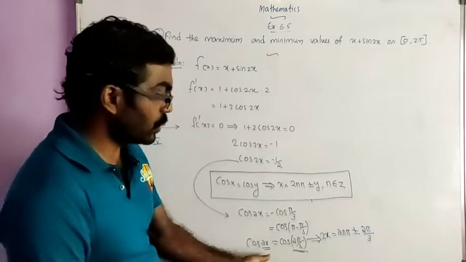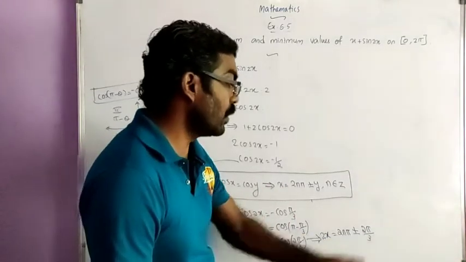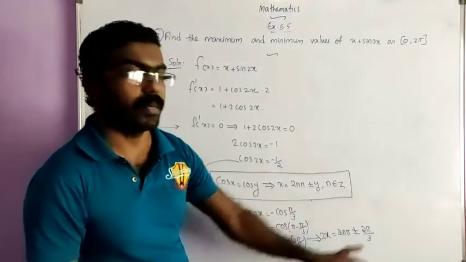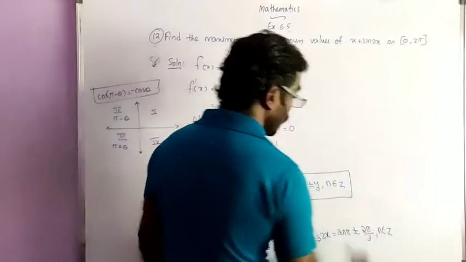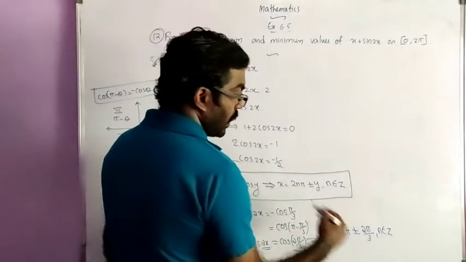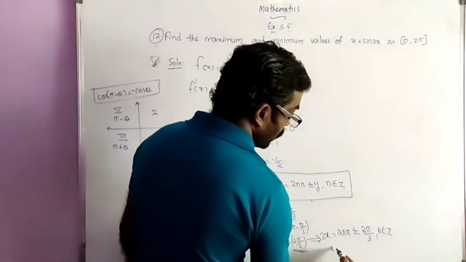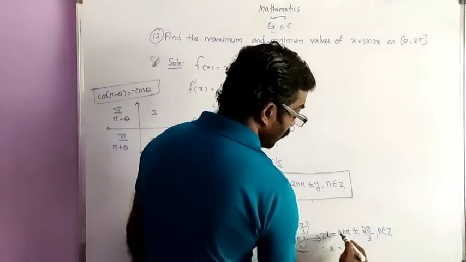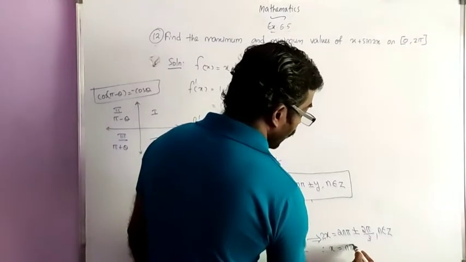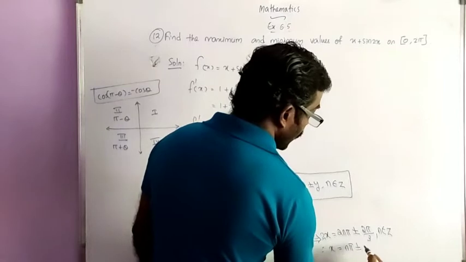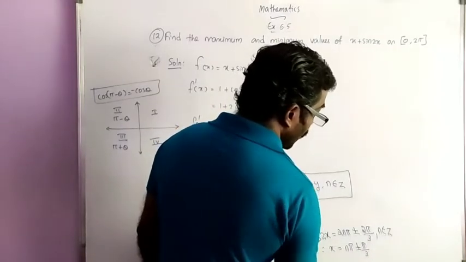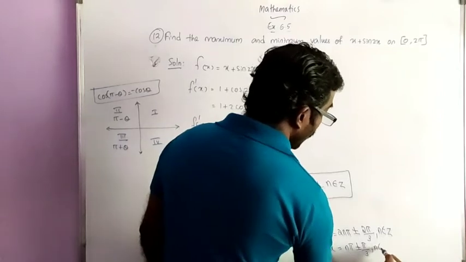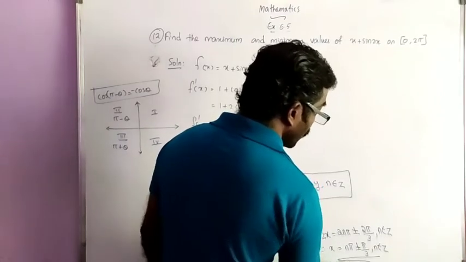So here 2x equal to 2n pi plus or minus 2 pi by 3, where n belongs to Z, n is an integer. We can divide the entire equation by 2. Therefore x equal to n pi plus or minus pi by 3, n belongs to Z.